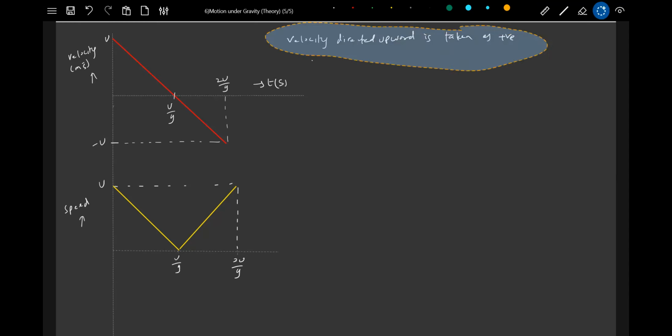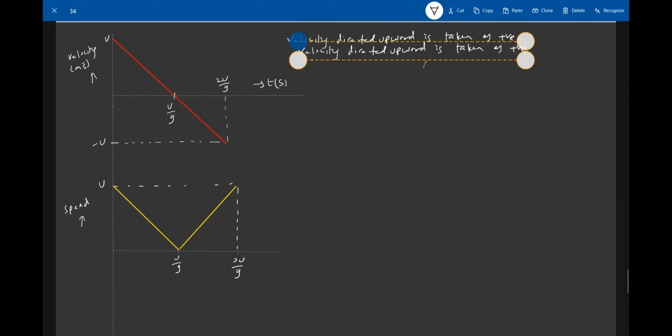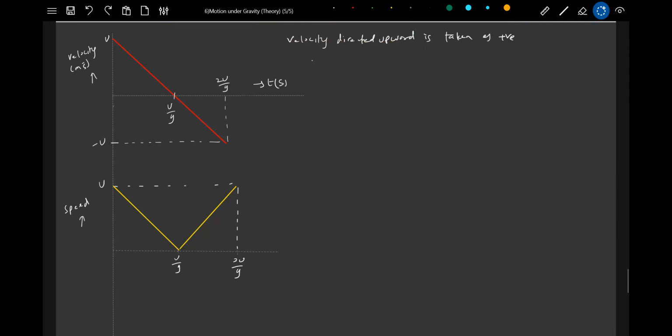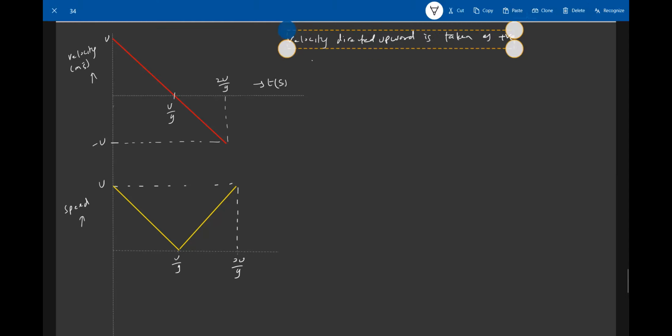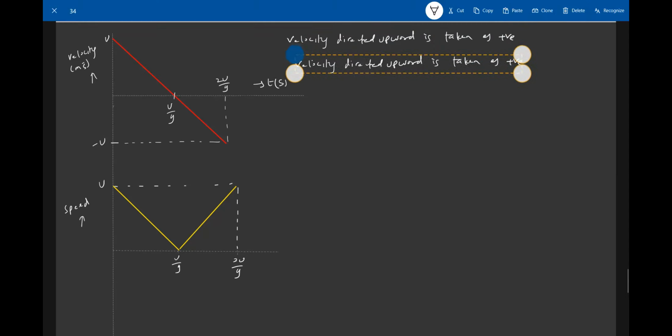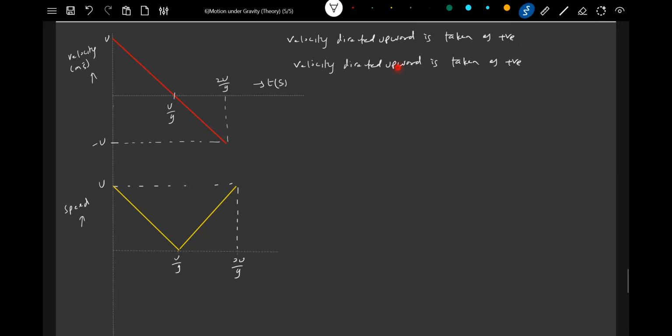Some convention. Speed is a magnitude, it cannot be negative. So the curve will be like this.